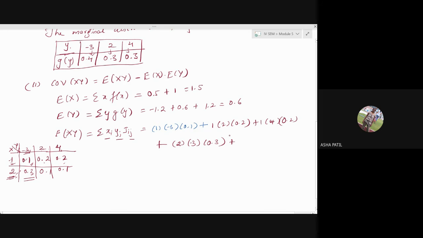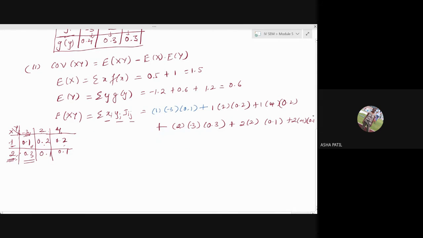What will you have? 2 into 2 into 0.1 plus 2 into 4 into 0.1 again. In total, the answer is 0.3.